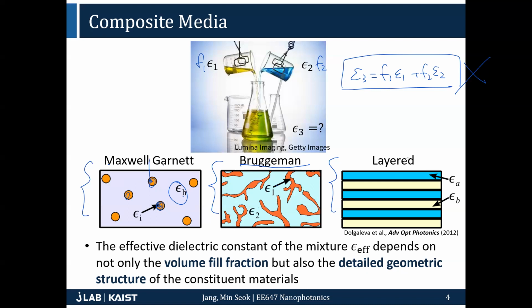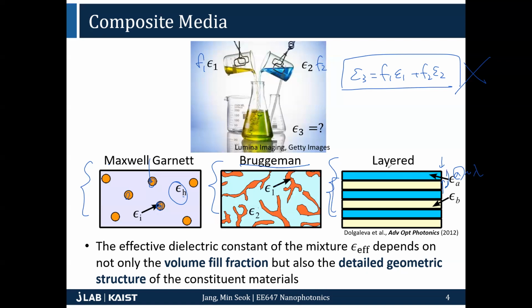You can also think about the layered material case, where epsilon 1 and epsilon 2 are layered in an ordered manner. One difference here compared to the 1D photonic crystal is that in a 1D photonic crystal, the periodicity is similar to lambda, or at least comparable to lambda.